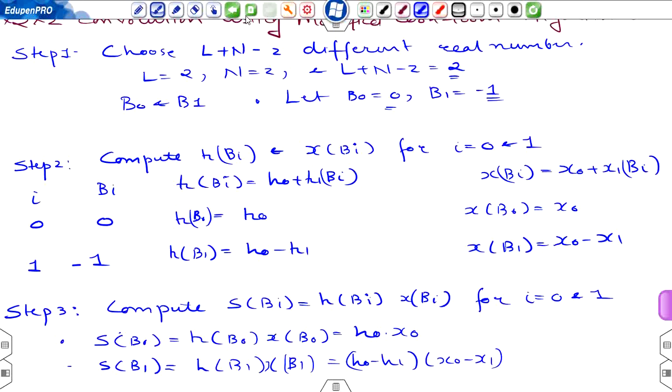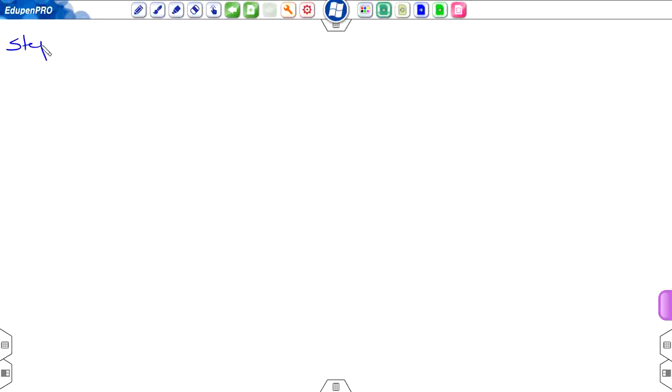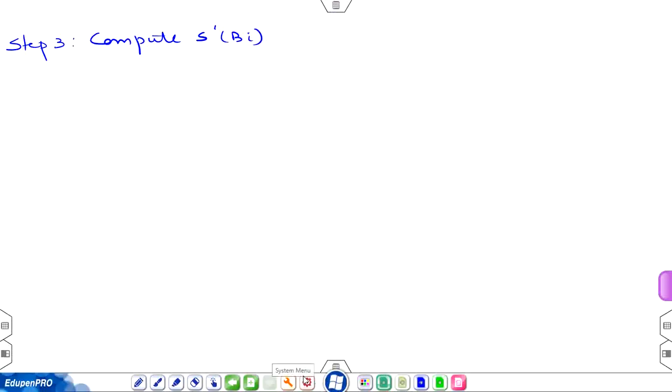Step 4 is to compute S prime of beta i, that is equal to S of beta i minus S of L plus n minus 2 into beta i to the power L plus n minus 2.